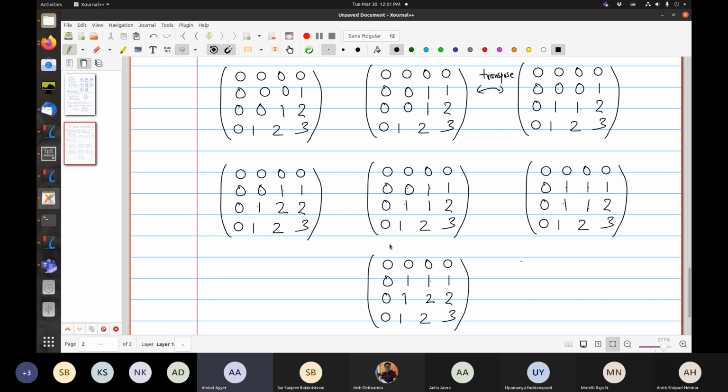Okay, so there are no others. So there are 7, and this is also the number of ASMs of size 3, and that's not a coincidence.